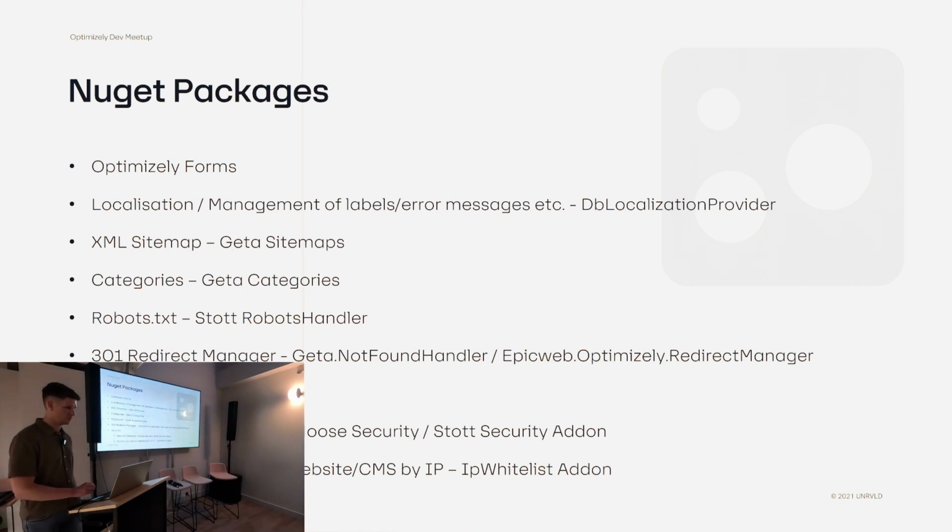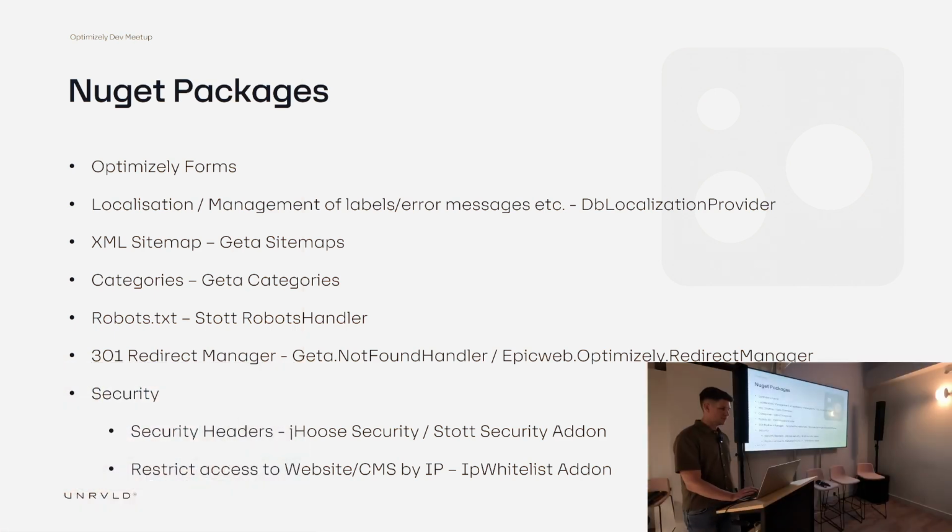In terms of NuGet packages then, depending on requirements, Optimizely Forms is often a good one to get in there for localization of text, whether you're managing labels or error messages. Debug localization providers is always a good one for managing that. XML sitemaps, you have the one from Geta, and I've more recently been looking at the categories NuGet package from Geta as well.